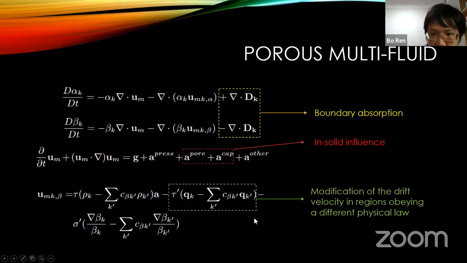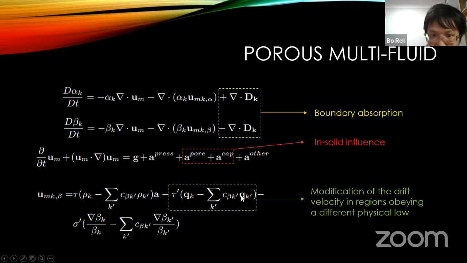There is a slight modification to the original drift velocity. In the original drift velocity calculation, there is a term corresponding to the pressure gradient here.